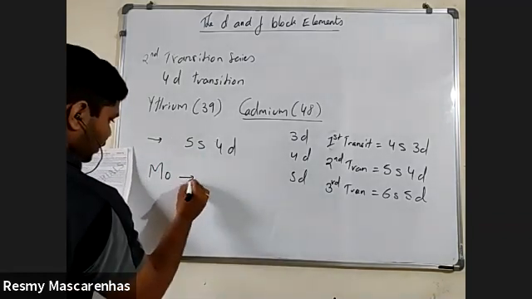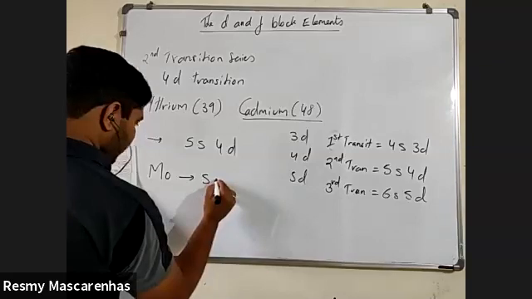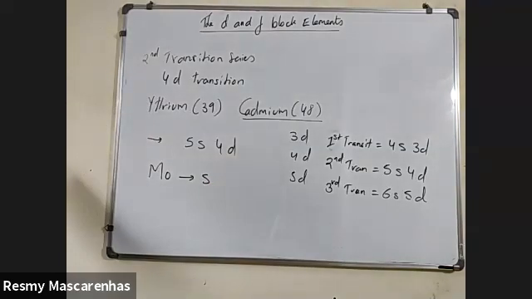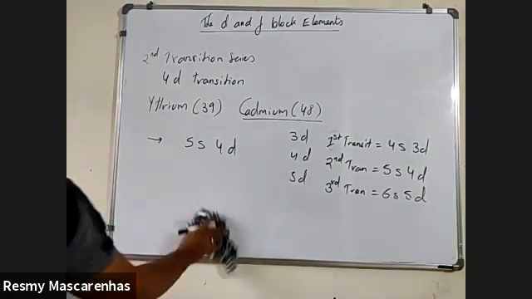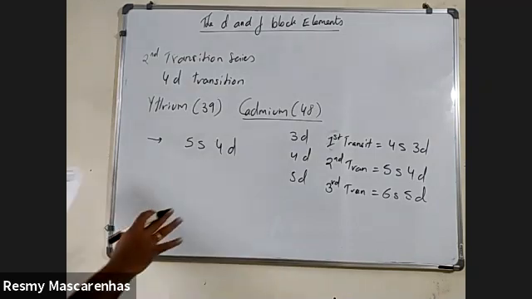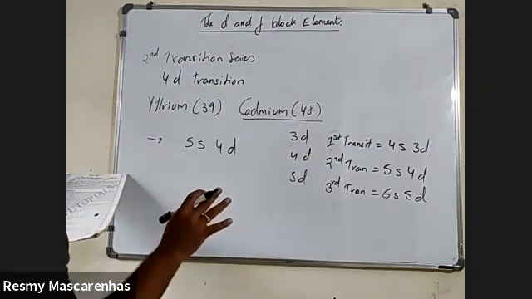The electronic configuration of molybdenum is, wait, let me check. Okay, this is not required actually. The extra things are not required. I will give you the important things only.